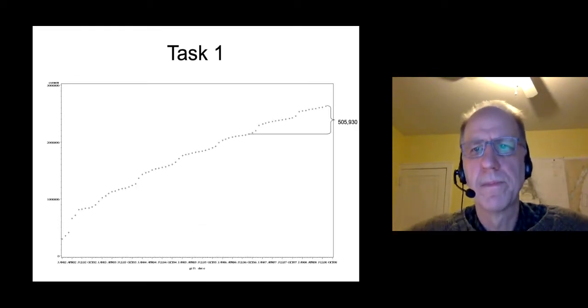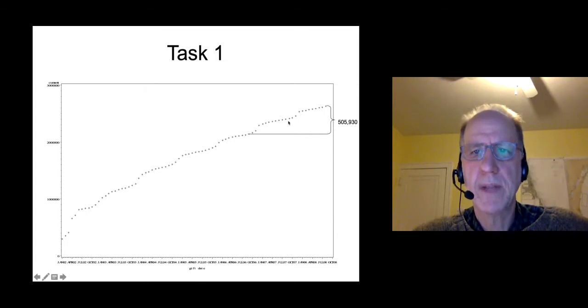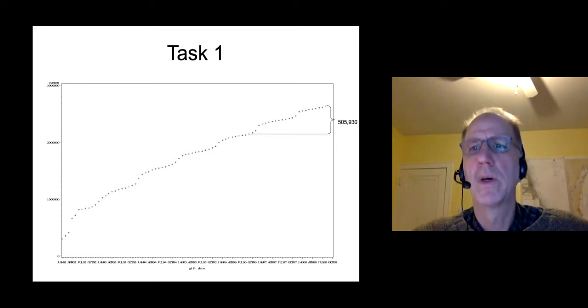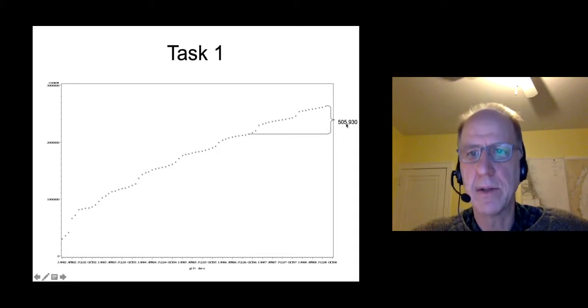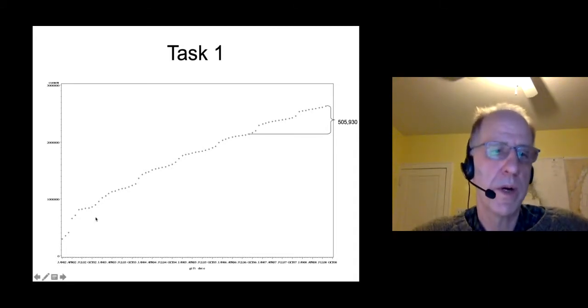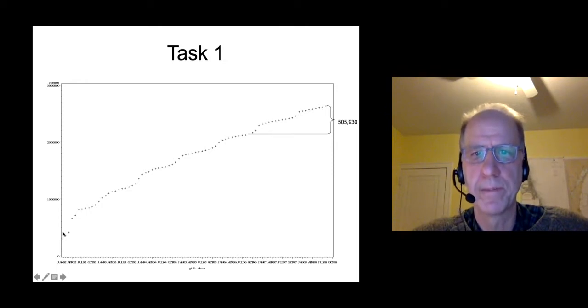Here's the real task. The task was to predict how much you're going to make in the last 2 years. The correct answer was about $506,000, the customer equity of that cohort that was acquired back in 2002.